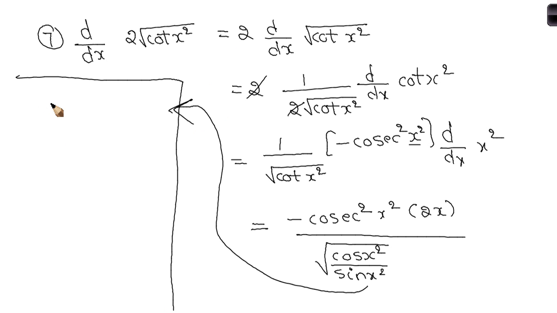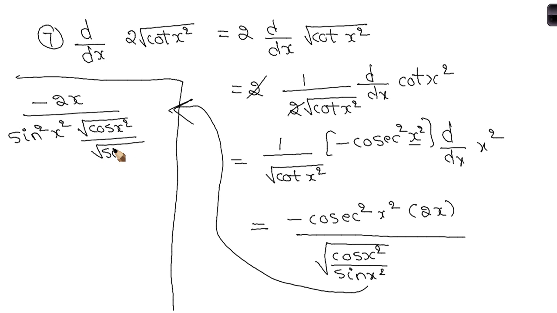So this becomes minus 2x upon sin square x square into root of cos x square upon root of sin x square.